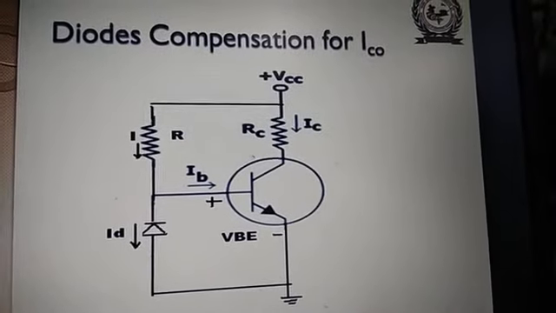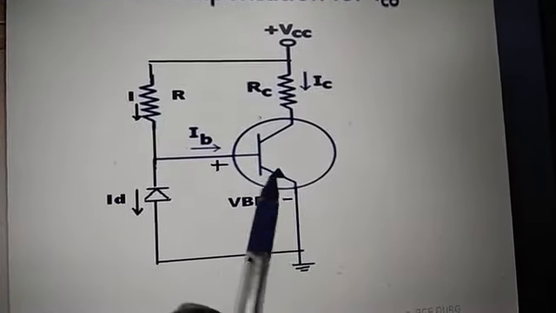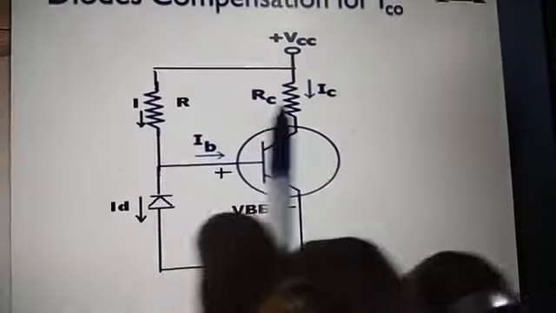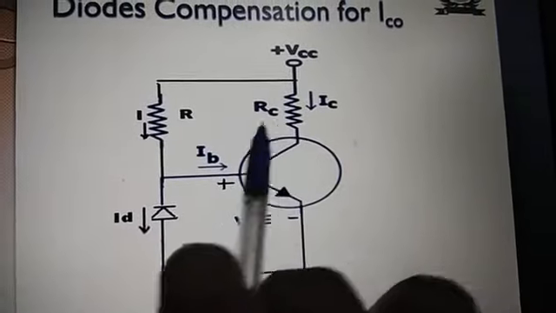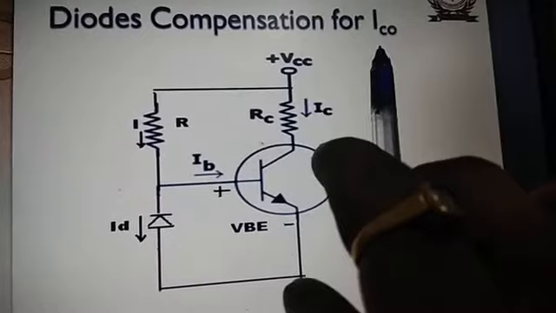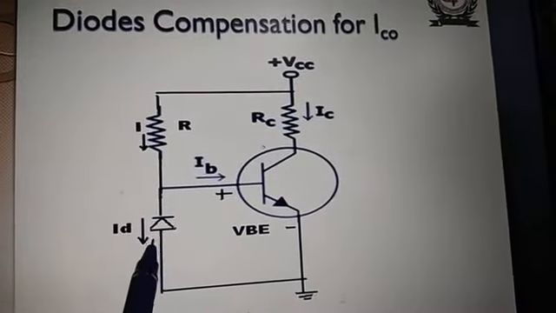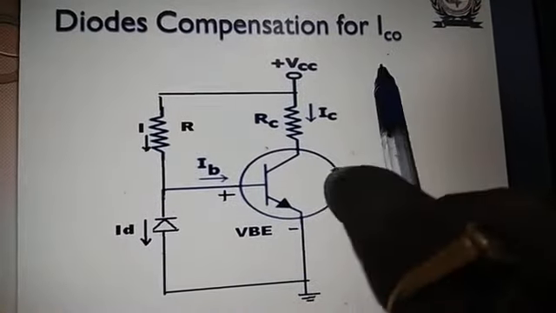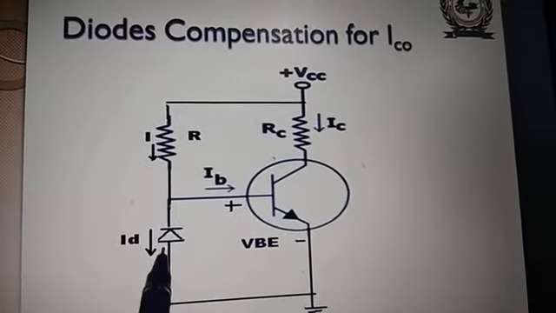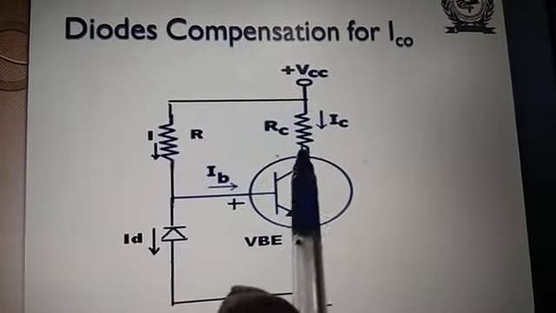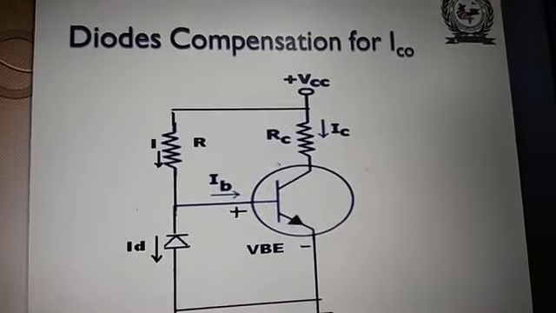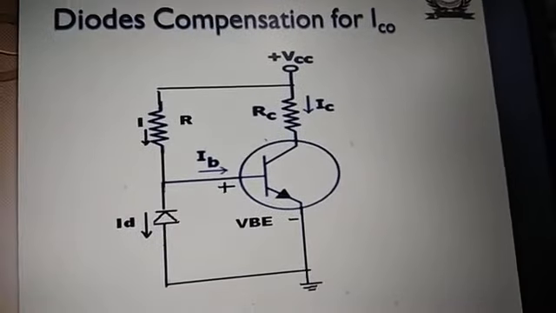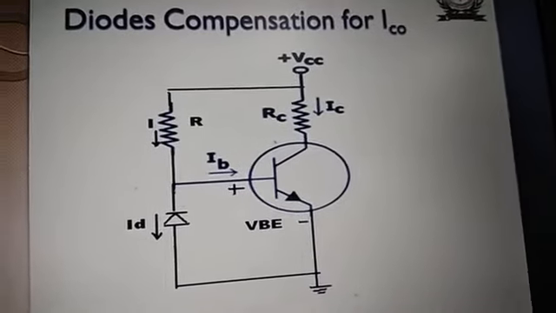Diode compensation for ICO. If the base to collector junction is reverse biased and its reverse saturation current is ICO, then a reverse biased diode is used to compensate this ICO. The reverse saturation current of this diode and the reverse saturation current of this transistor will be automatically cancelled, or you can say compensated.